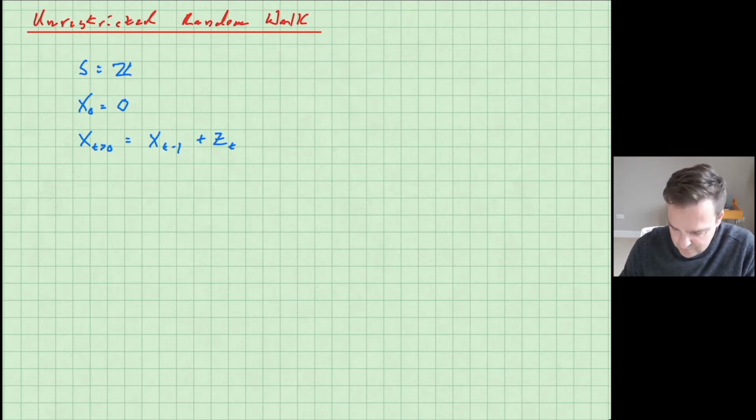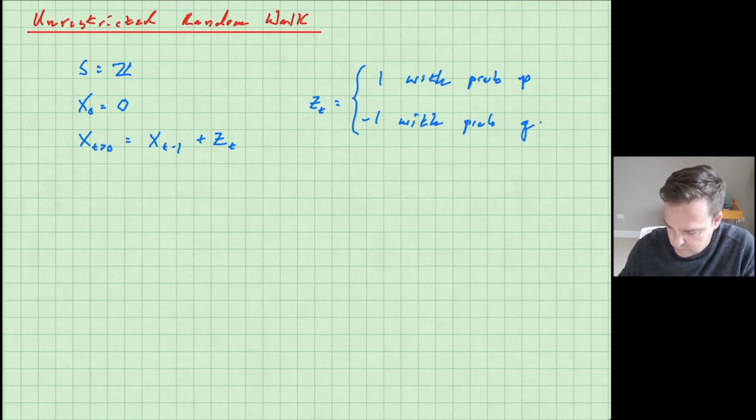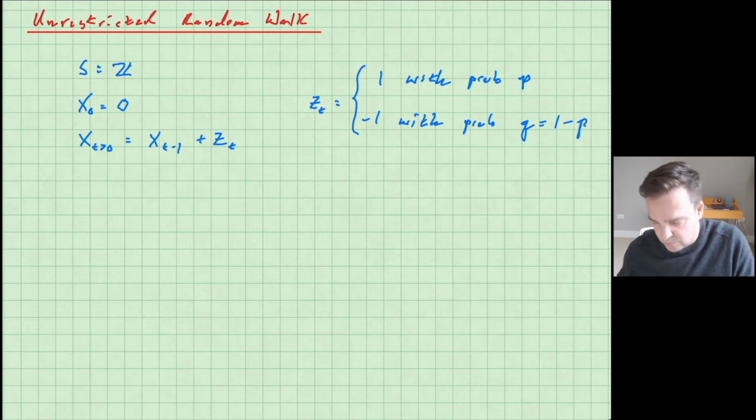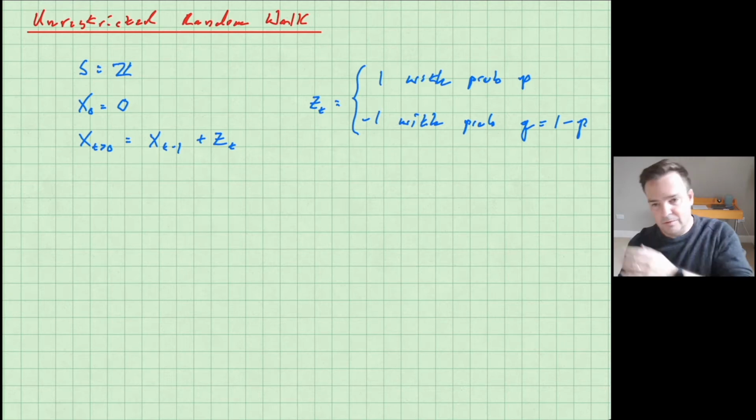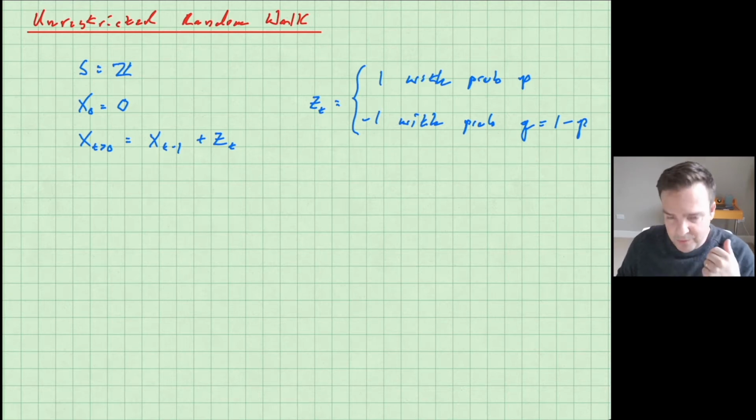And the idea here is that z is again plus or minus 1, so it's 1 with probability p, and minus 1 with probability q, so that at every step you do move either to the left or to the right in state space, but there's no boundary, so you can go on forever.